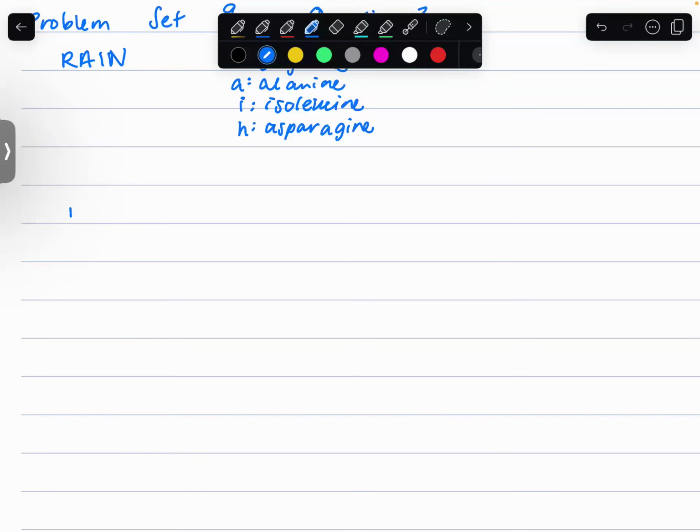So we know that, well, let me simplify that. That's your basic amino acid structure. Technically NH2.